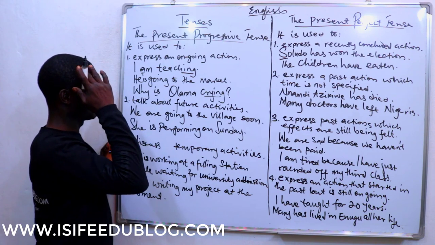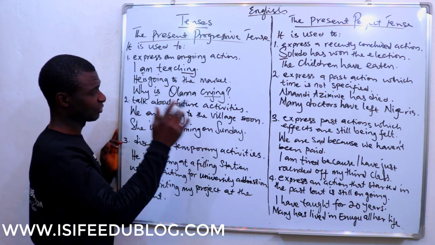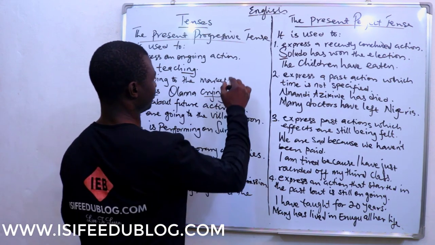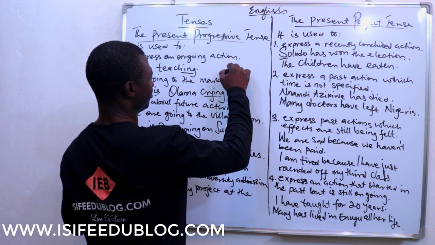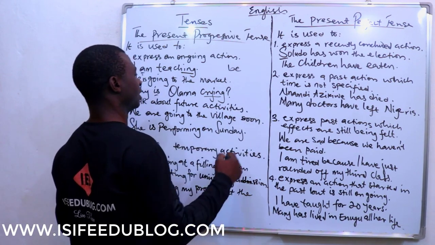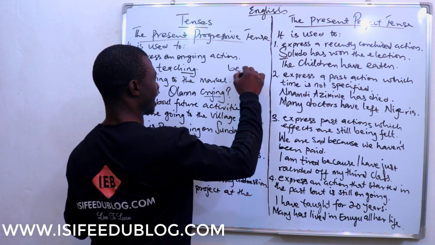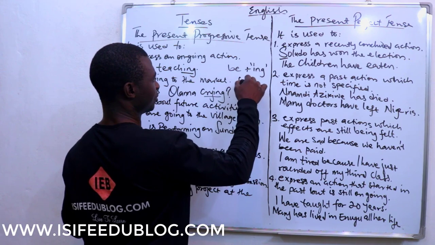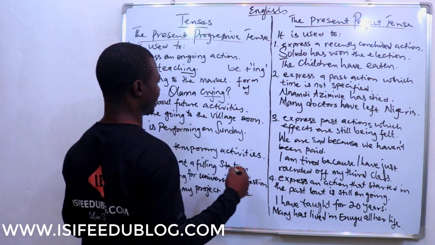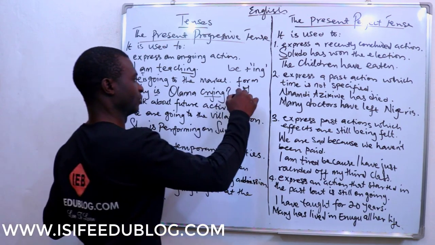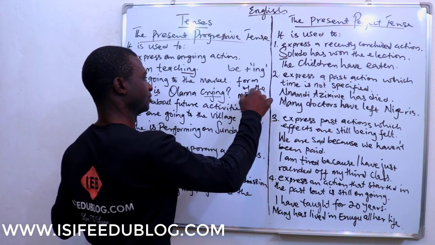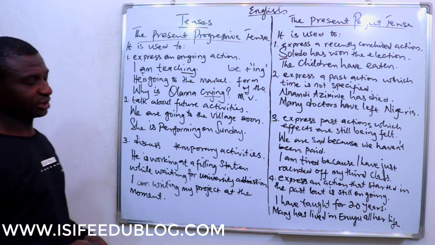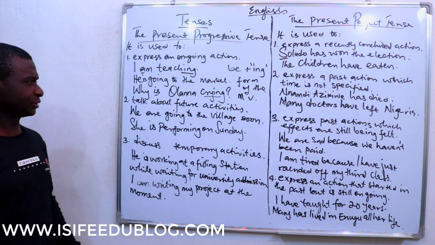The present progressive form is usually the verb be plus the ing form of the main verb. That's what gives you the present continuous tense, and the examples are on the board.